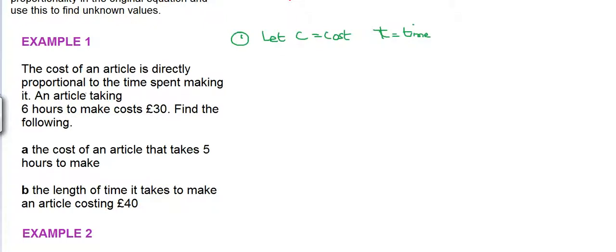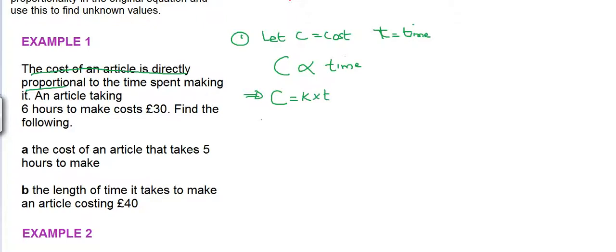Therefore, we are told that C is directly proportional to time. So this can be written mathematically as C equals some constant times time.